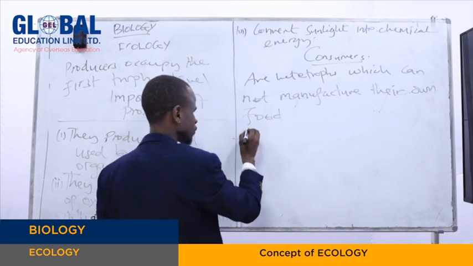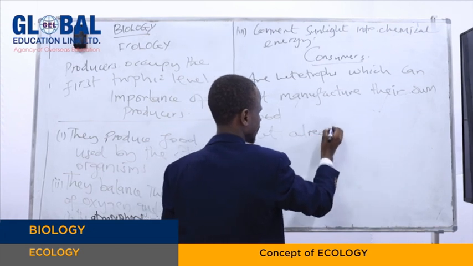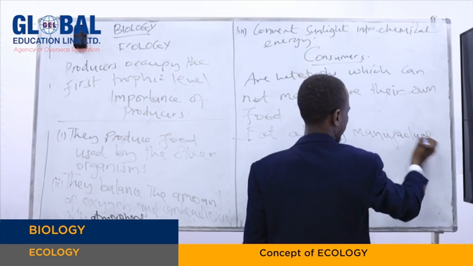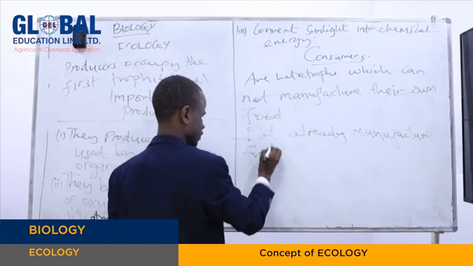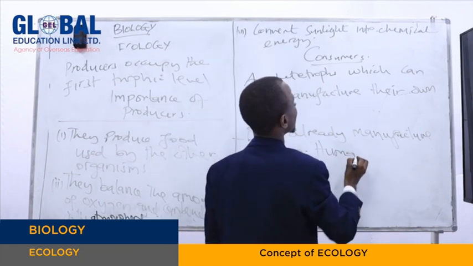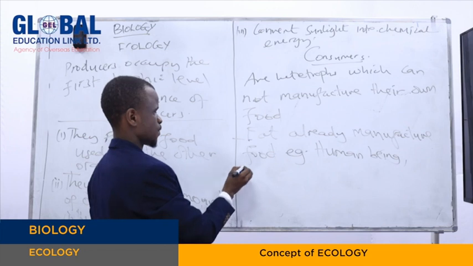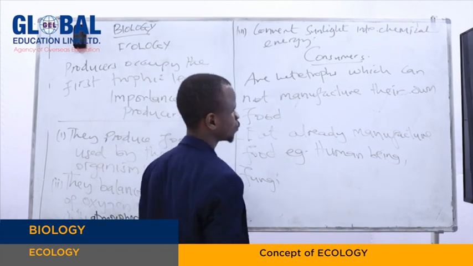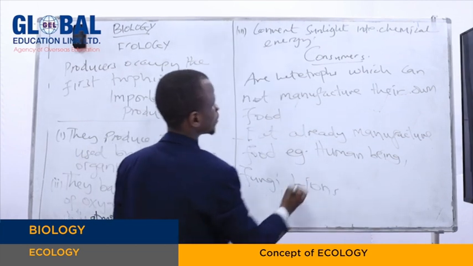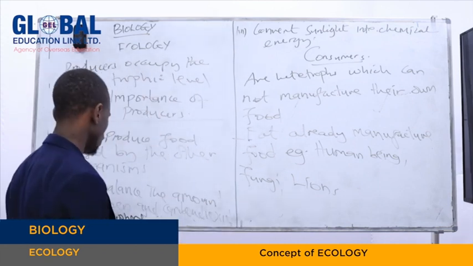Consumers eat already manufactured food substances. Take an example, human beings, we are consumers. Fungi are consumers, lions are consumers. These are biotic components which depend on other organisms to feed on.